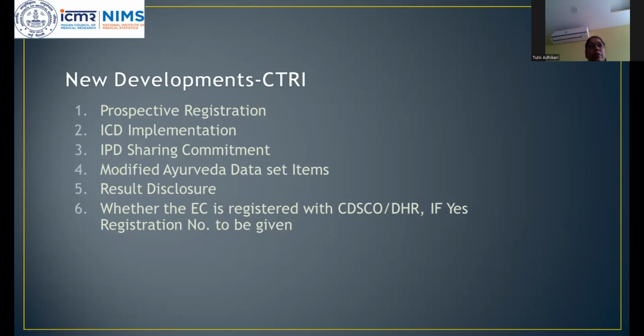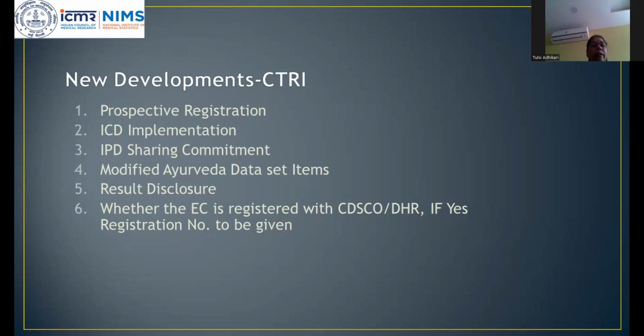For those we were doing it up to 2021, but now onwards it is completely prospective registration. So you cannot start enrolling participants into a trial until you get the CTRI number; only then can you start enrolling patients.